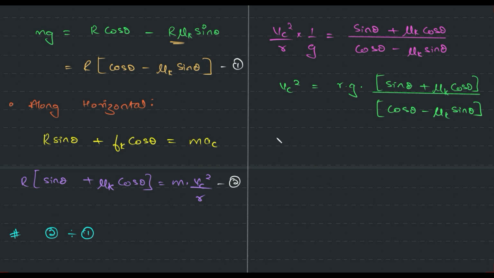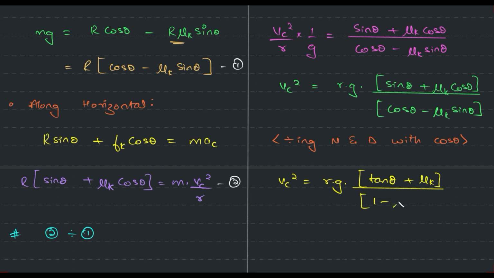So dividing the numerator and denominator of the RHS with cos theta, Vc square is r times g, tan theta plus mu k, the entire expression divided by 1 minus mu k tan theta, and that is almost your final expression.